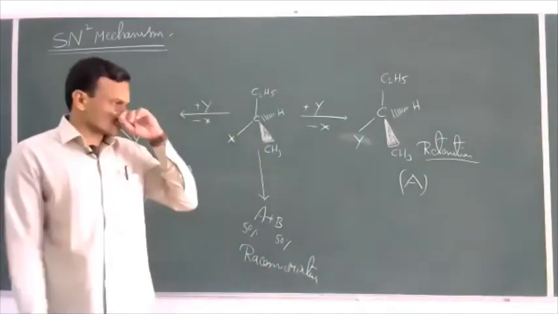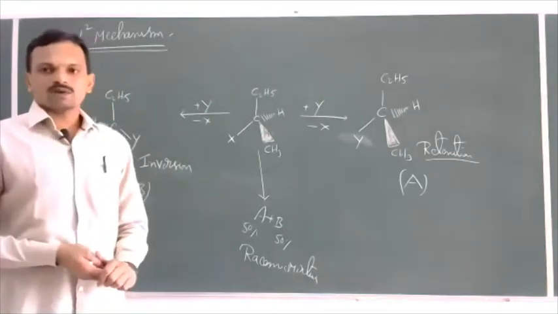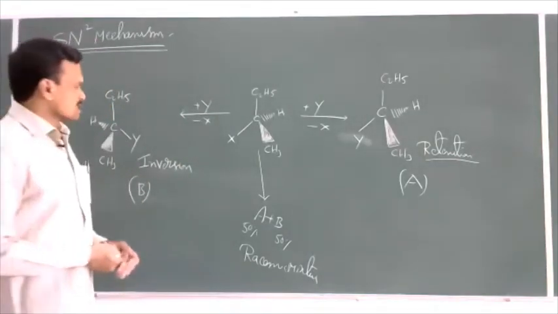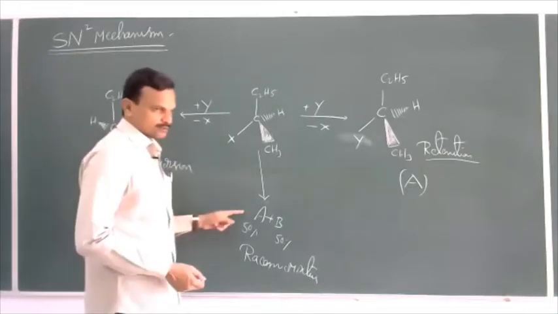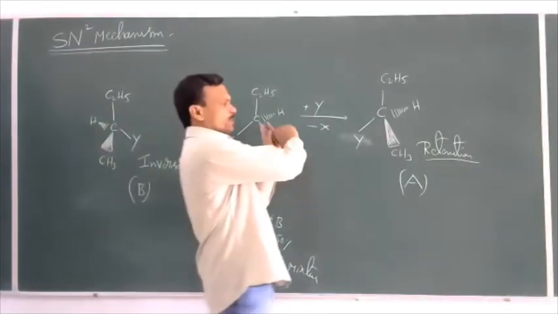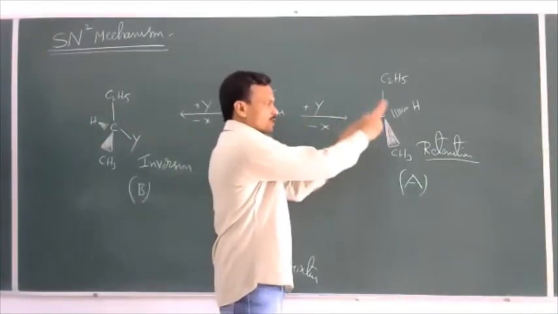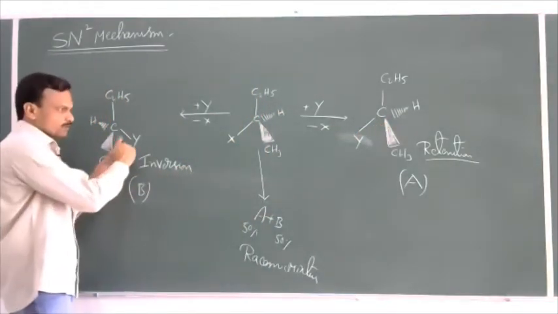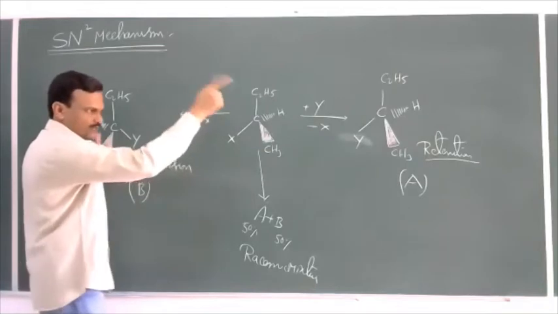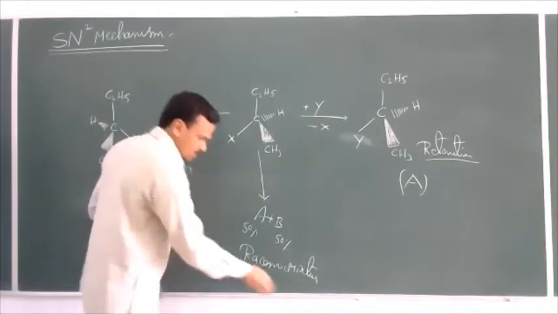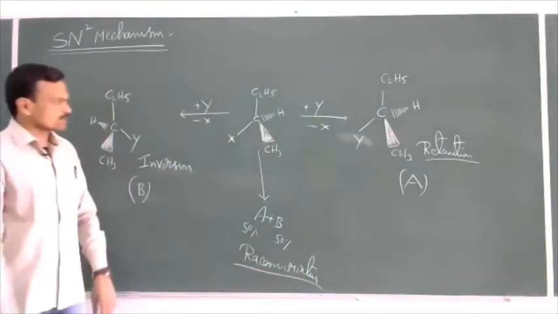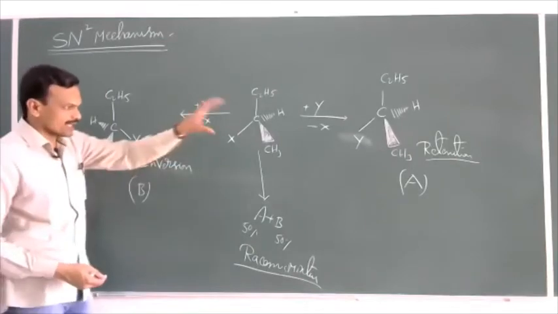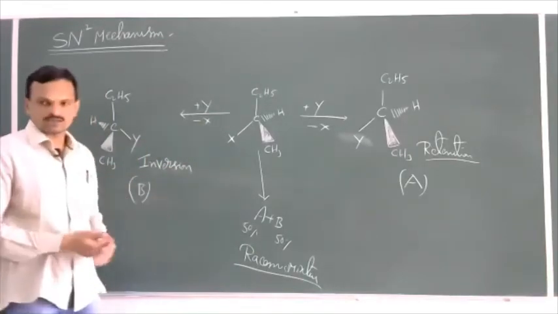In yesterday's class we discussed that in the SN1 reaction, a racemic mixture is formed as the product. That means the product contains the same configuration as well as the inverted configuration. If both are formed in equal amounts, 50 and 50%, then that mixture is called a racemic mixture. So this is regarding retention, inversion, and racemization.